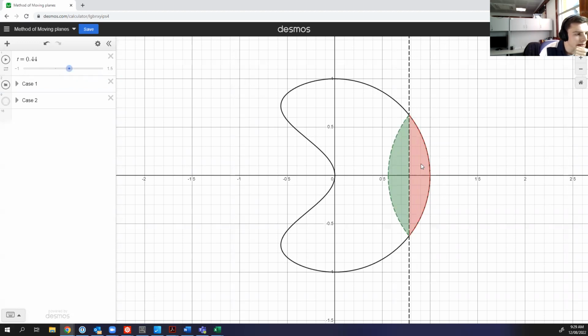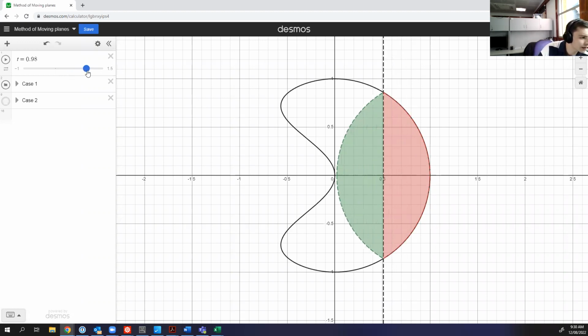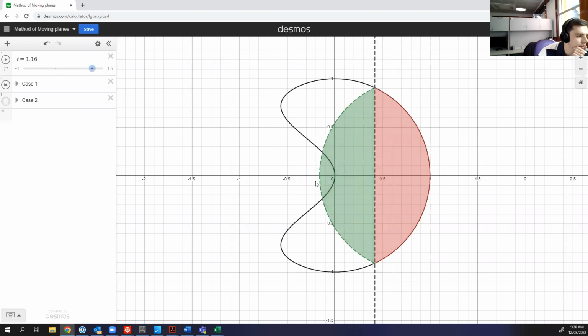And then I reflect the right-hand side of omega across the plane, and I get this green shape. And as I keep going, eventually, the reflected part intersects the boundary of omega internally. So it becomes internally tangent at this point. And if I keep sliding it, it comes out of omega. So this is case 1.